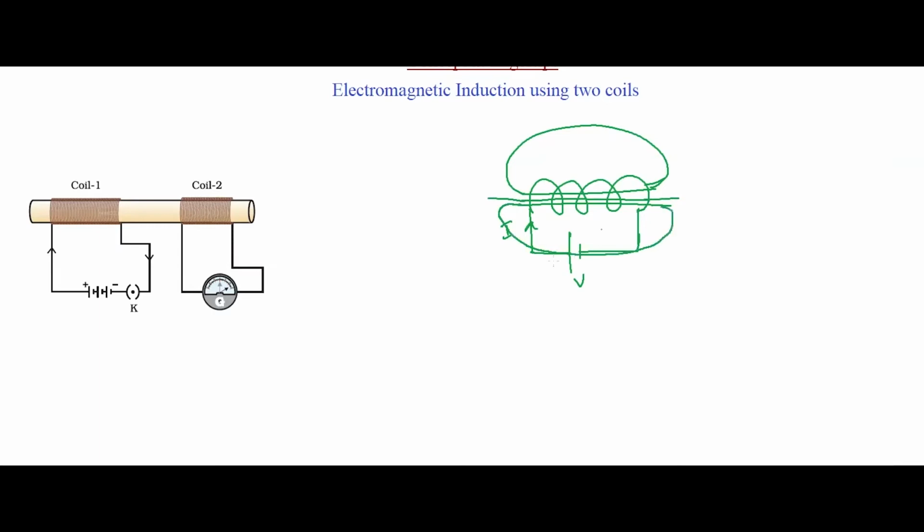Inside the coil the field will be uniform, and outside the coil it will be like that. One end of the coil will become north, and the other end will behave like the south pole, thus creating an electromagnet.